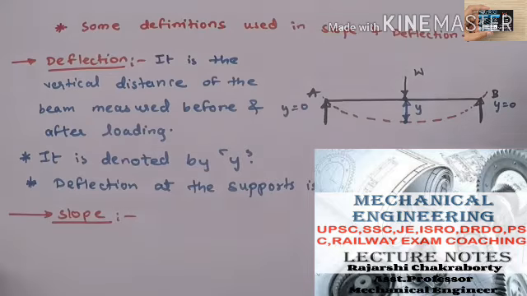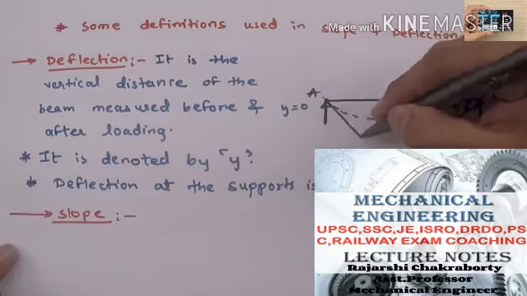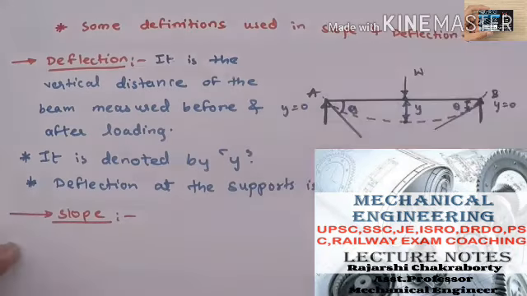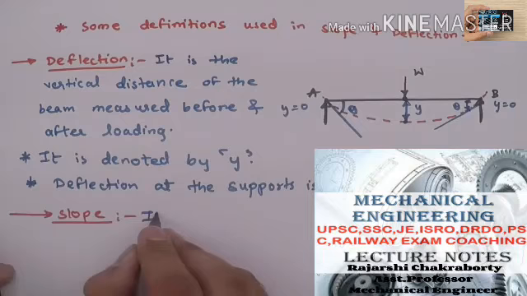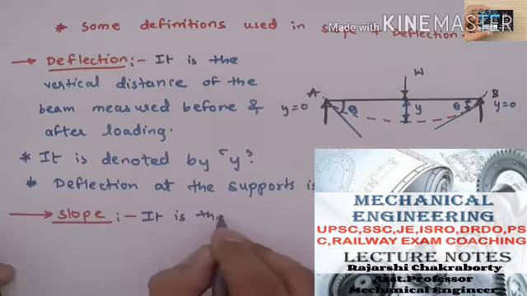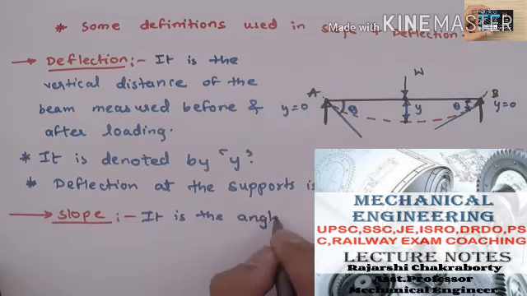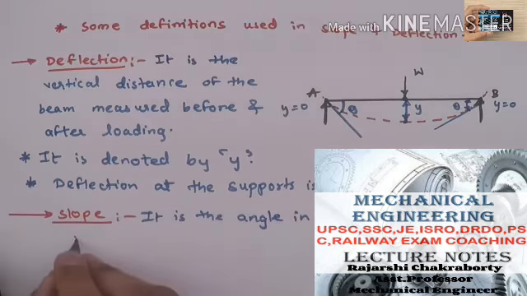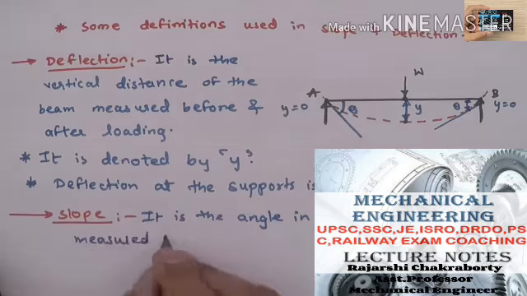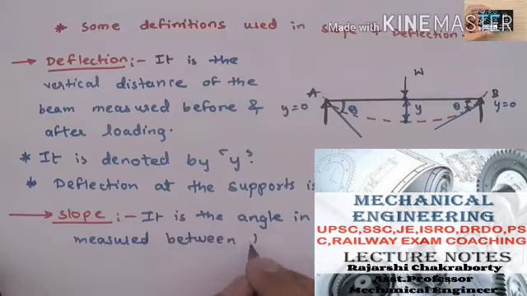Now, slope is the angle turned by the beam. This is theta. So here I'll say that slope is the angle in radians measured between the tangent.